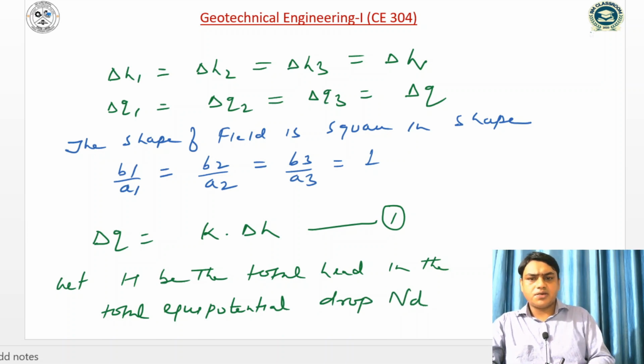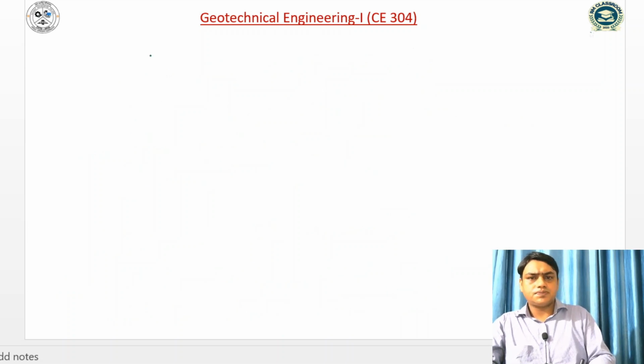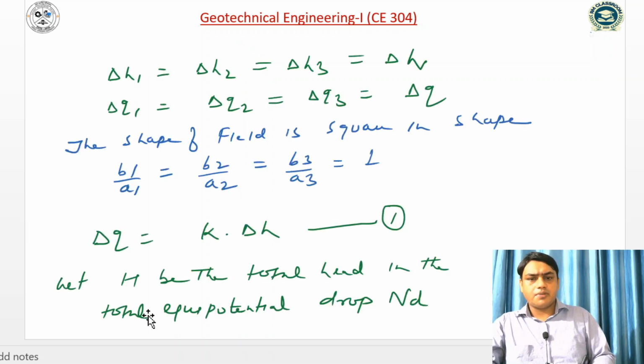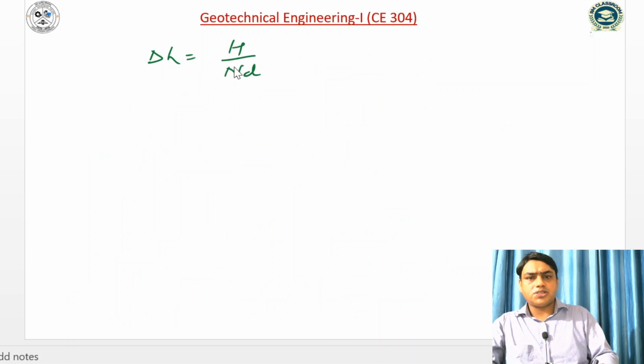So here we can write delta H is equal to H by ND, where ND is the number of equipotential drops.